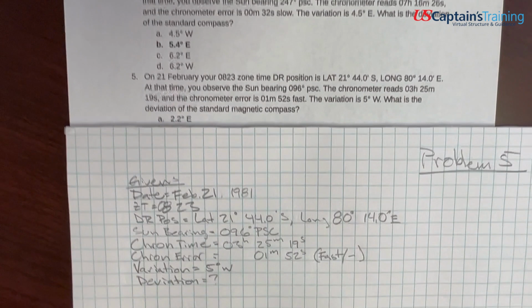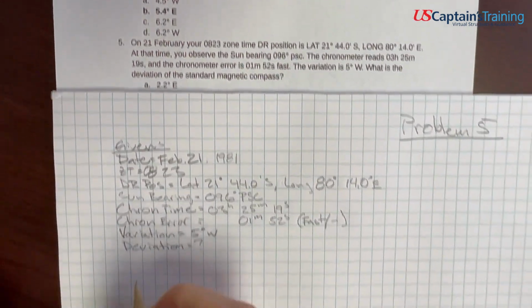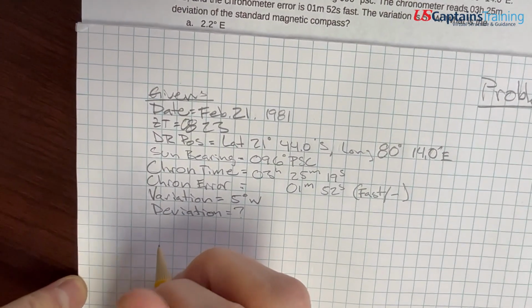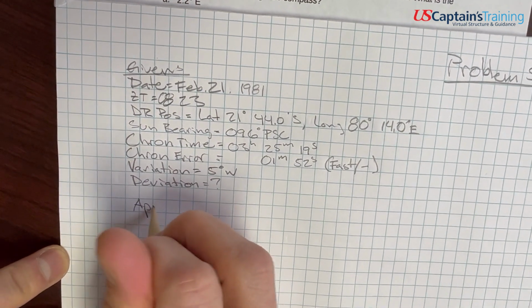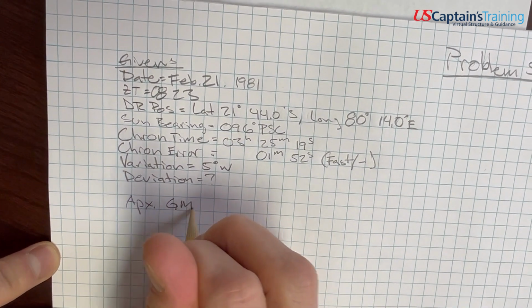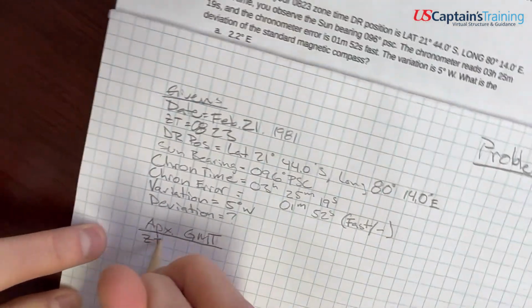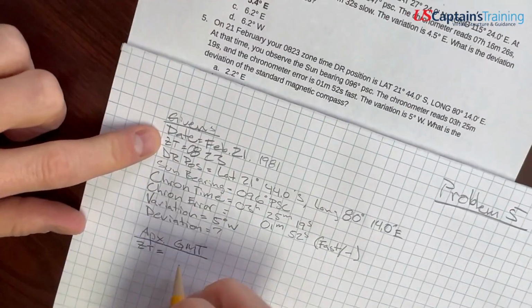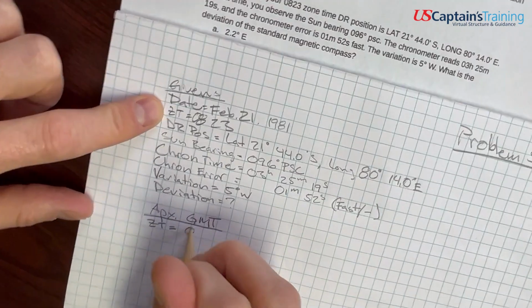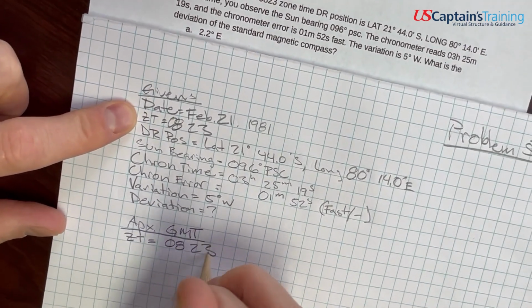So first thing we need to do is find the approximate GMT, make sure we're in the right date and everything. So find the approximate GMT by taking the zone time, which is 08:23.